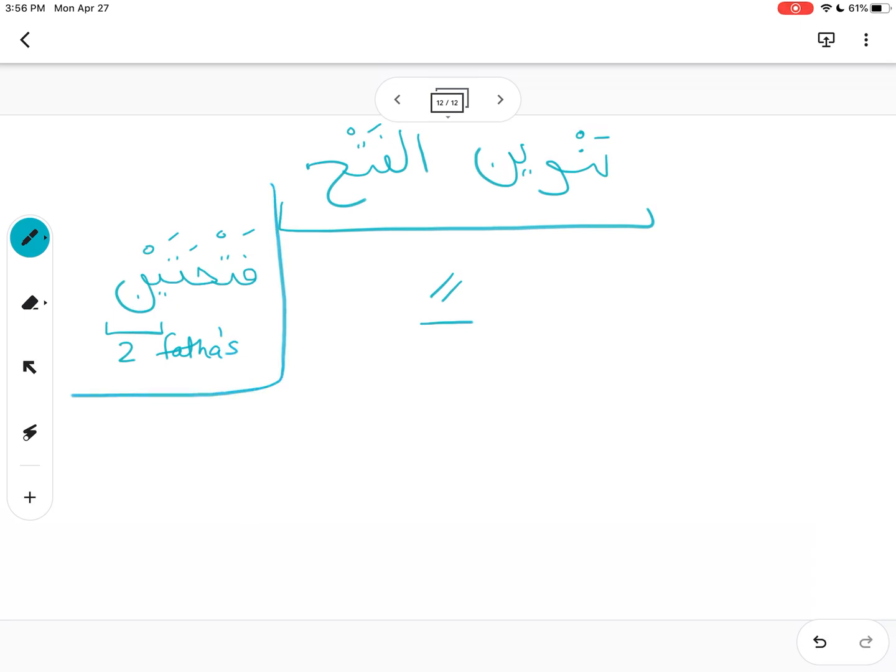So tanween al-fath or fathatain. You can say either one. When you have fathatain at the end of a word, it's very special in that you can write a fathatain on top of a hamza if it's at the end of a word. And you can write it on top of a ta marbuta if it's at the end of a word. But if the word ends in any other letter other than the hamza or the ta marbuta, it has to be written with an alif. So you have to add an alif to the end of the word and then write the fathatain.